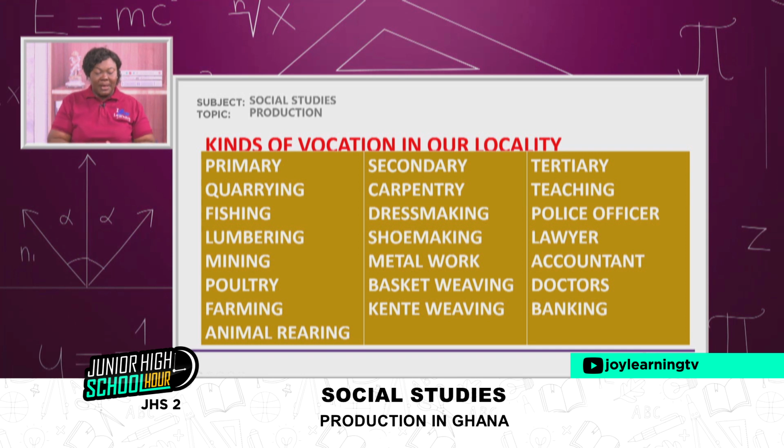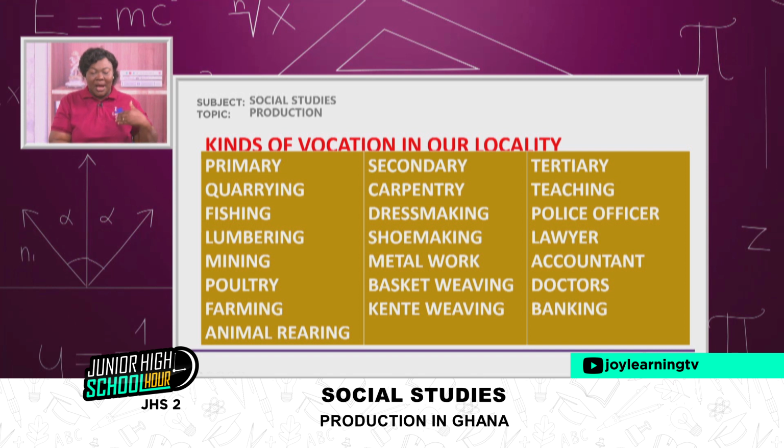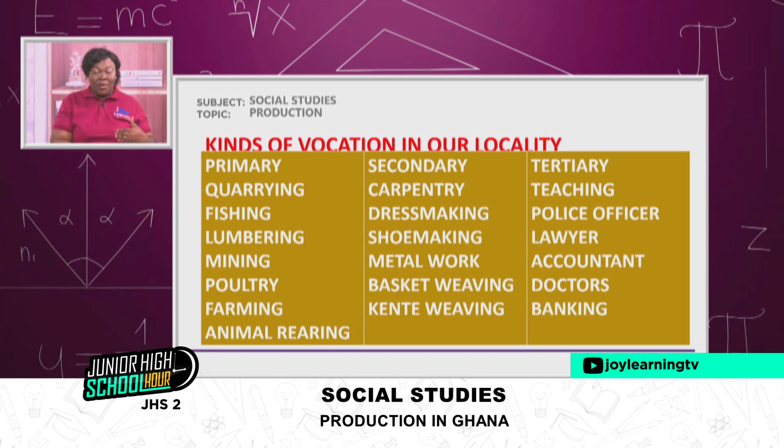In the primary sector, we have quarrying, fishing, and they are all in the raw state. So we have quarrying, fishing, lumbering, mining, poultry, farming, and then animal rearing, which is animal husbandry.